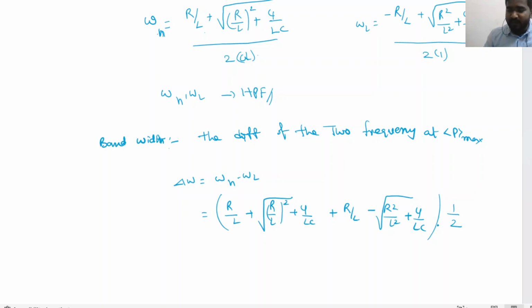So just take out 1 by 2 on both sides. Now these two terms get cancelled. So you get 2 times R by L into 1 by 2. Therefore, the 2 gets cancelled. So bandwidth is nothing but resistance divided by inductance, R by L. That is the delta omega, that is the bandwidth of the circuit.